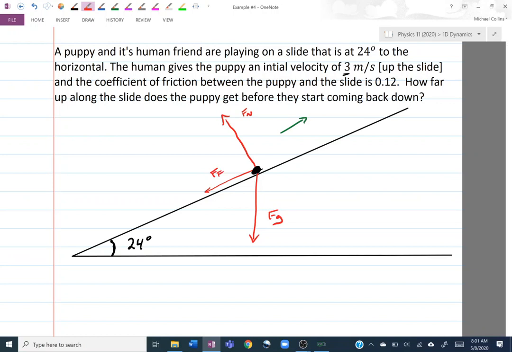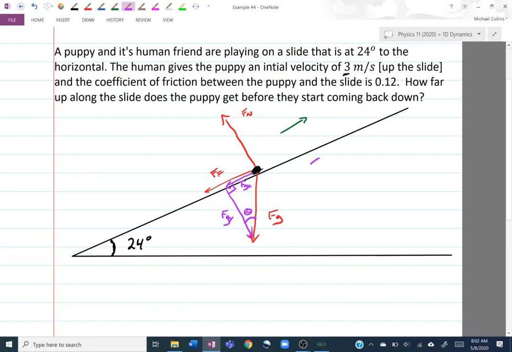I am again going to have to split my force of gravity up into components that are parallel to the surface and perpendicular to the surface. So this is our right angle between our components. This will be our FGY. This will be our FGX. This will be the angle theta, as we proved in the previous question.